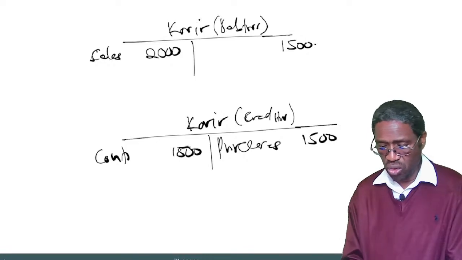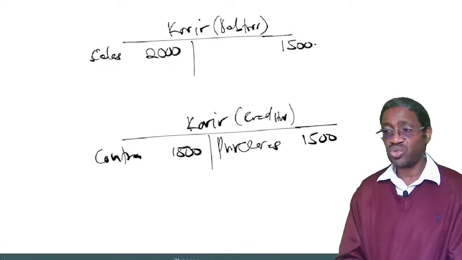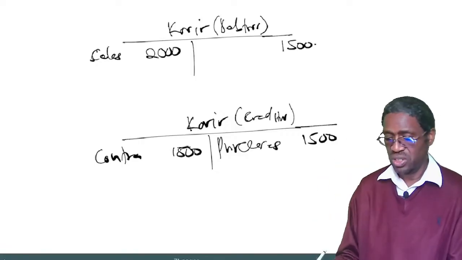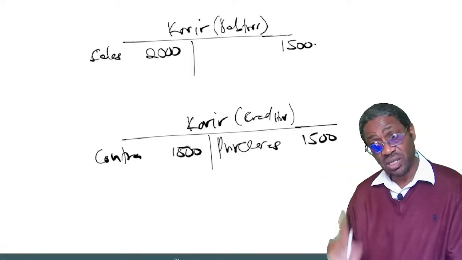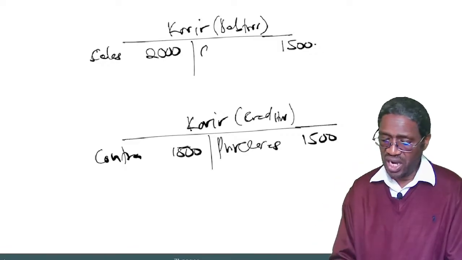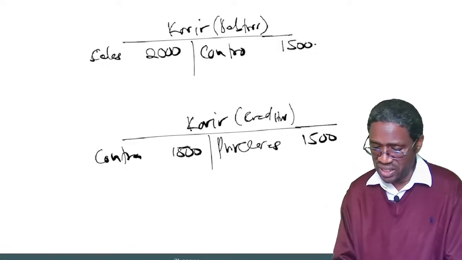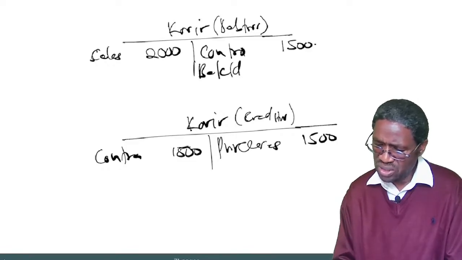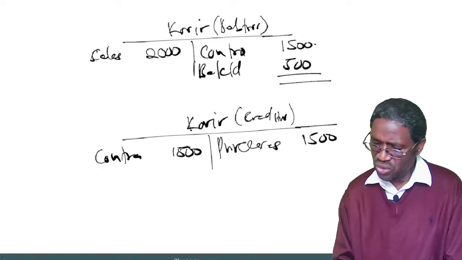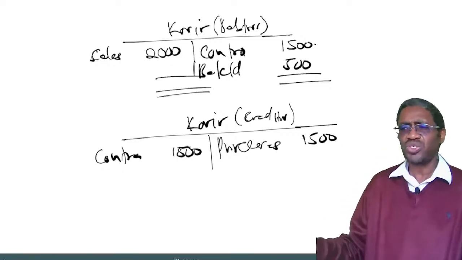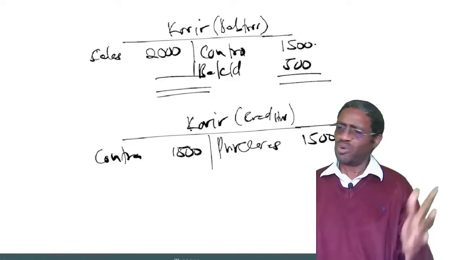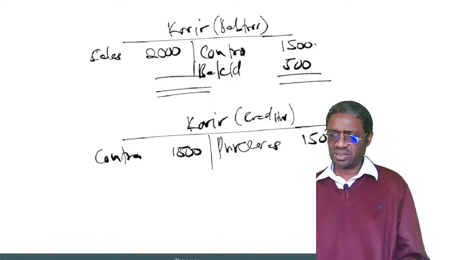Some books will call it contra, some books will call it set-offs, whichever the question says. So that now you come and say, balance carried down, which is 500. So effectively, Coril owes me 500 only. If he can pay me 500, then I have no problem. I will have cleared his debt.